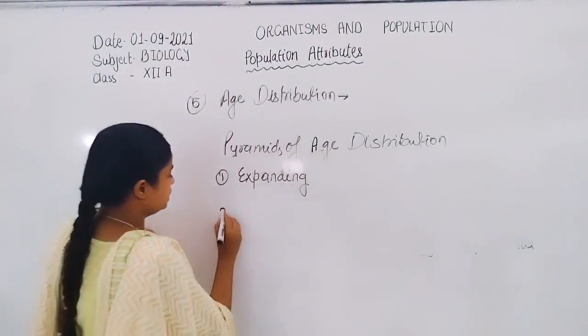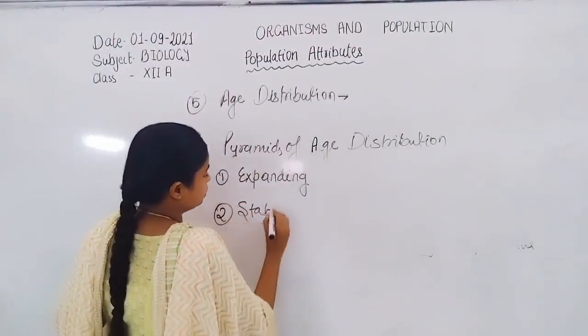Now, the second one is the stable type of population.